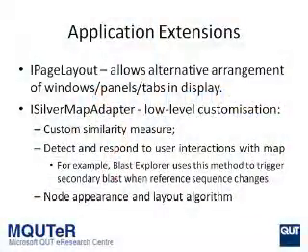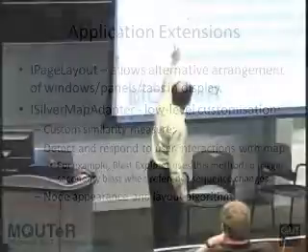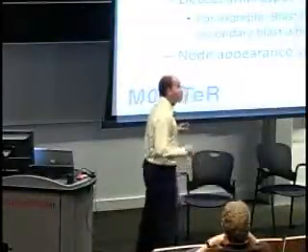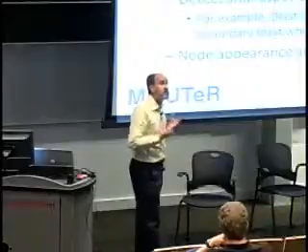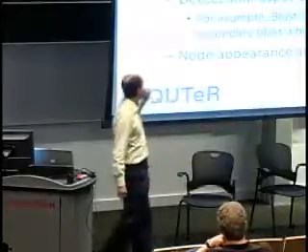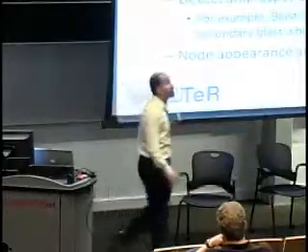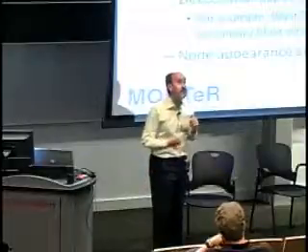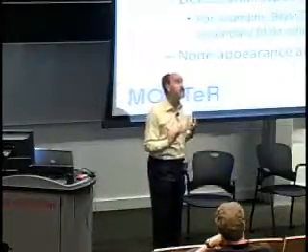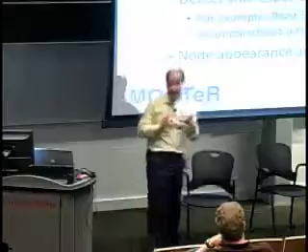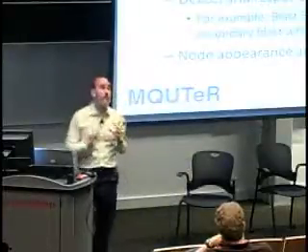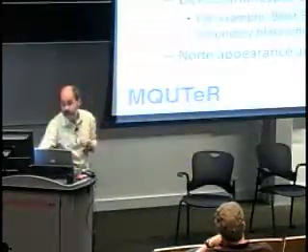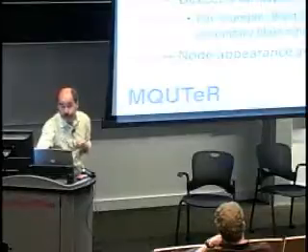In addition, we have alternative ways of doing page layout, but most importantly, the iSilverMap adapter gives us a lot of control and uses a lot of control in respect of low-level customization. In particular, the facility to provide their own similarity measure, so that it can be extended for use for similarity measures that are not based on BLAST. And that was a key design goal right from the start.